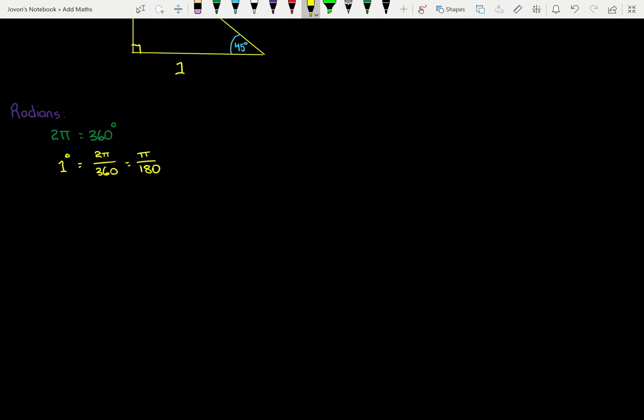An important thing is that we need to know how to convert for the major angles as well. That's really where you will encounter it. So we're going to know 45 degrees, 30 degrees, and 60 degrees. 45 degrees would be the equivalent of 45 pi over 180, which would be equal to pi over 4 radians. 30 degrees is the same as 30 pi over 180, which is equal to pi over 6 radians.